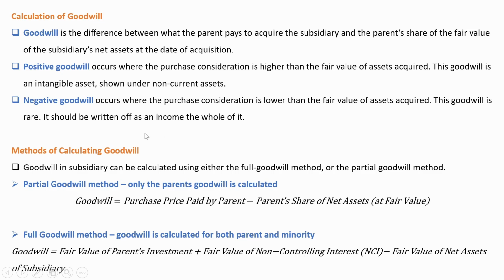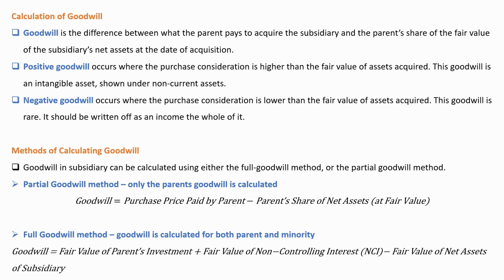And how do we account for discount received? Discount received is usually treated as an income in the profit and loss account. So in this case, negative goodwill should be written off as an income, the whole of it, in the profit and loss statement. However, negative goodwill is very rare. So in most cases, we are just going to be dealing with positive goodwill.